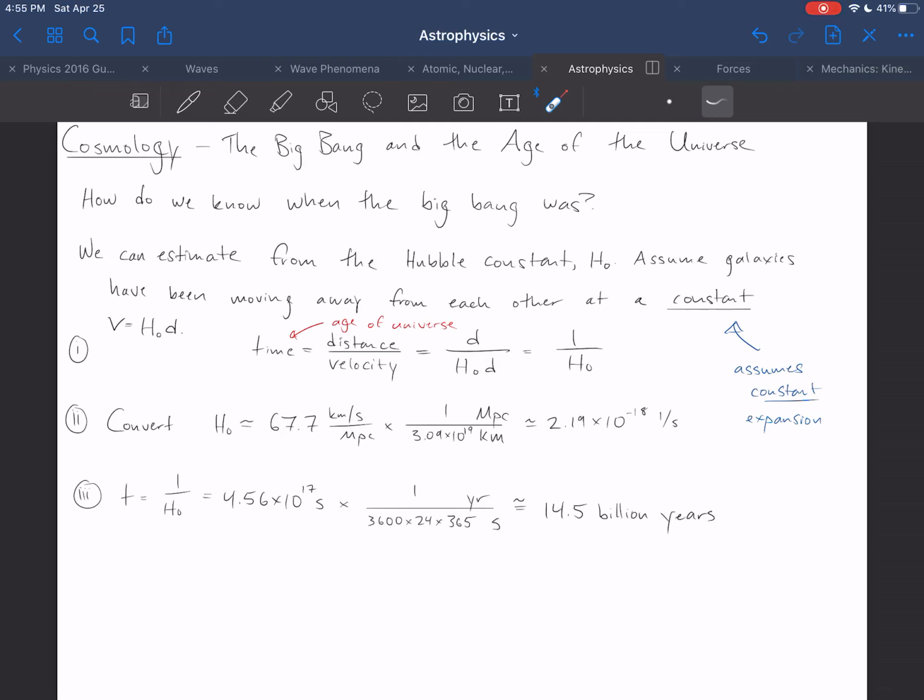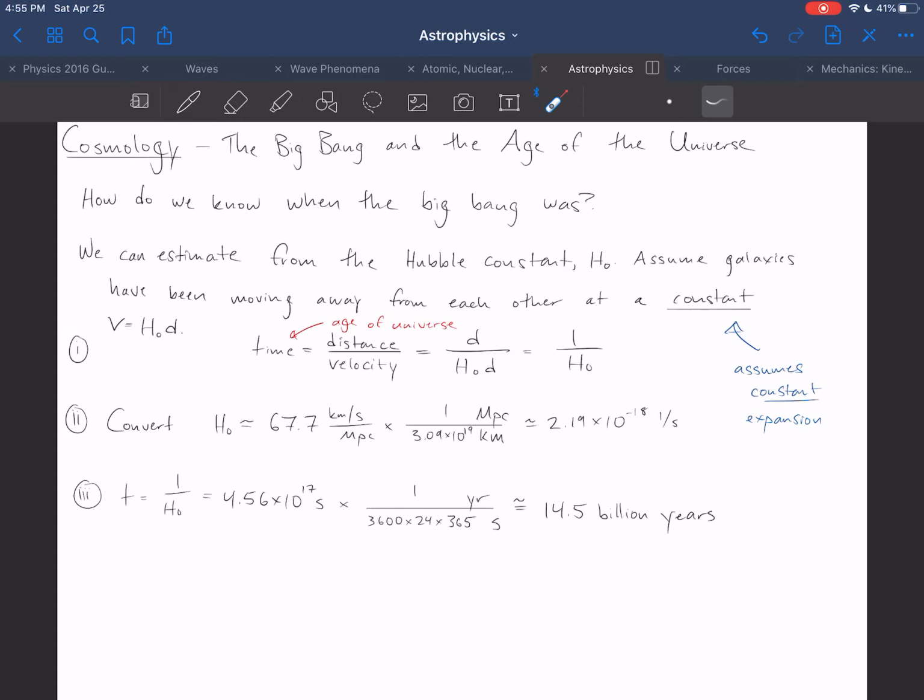Then to get the total time, we just invert that. That gives us this value for the time in seconds. And if we convert that time in seconds to years, we get an estimate of about 14.5 billion years, which is approximately our best understanding of the age of the universe.